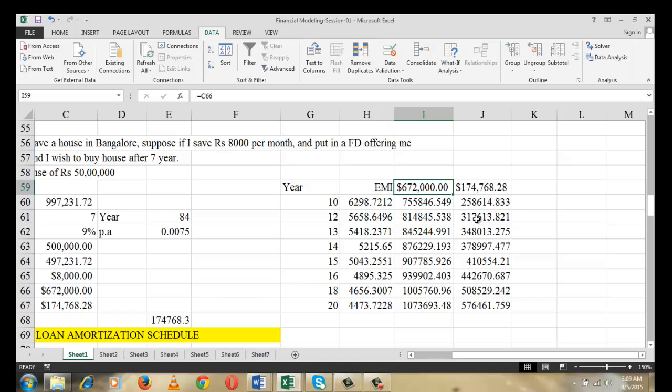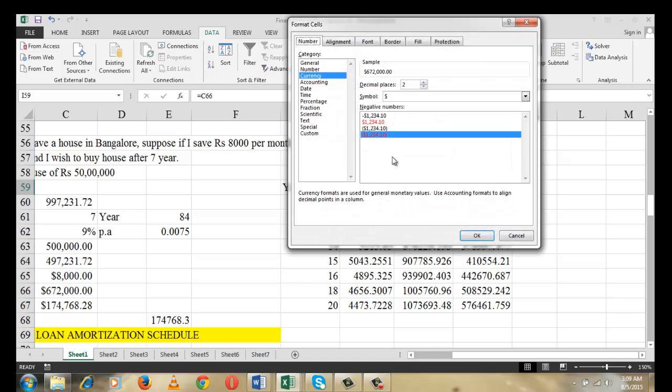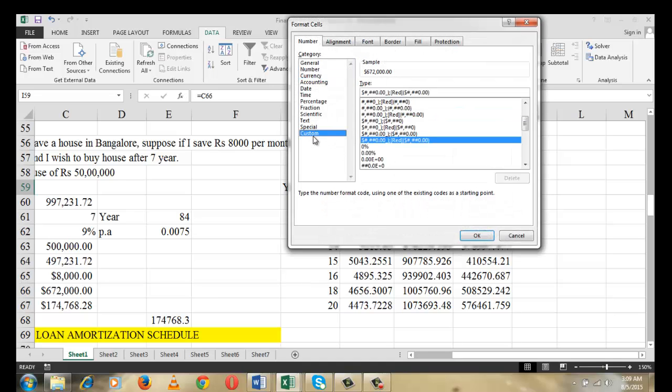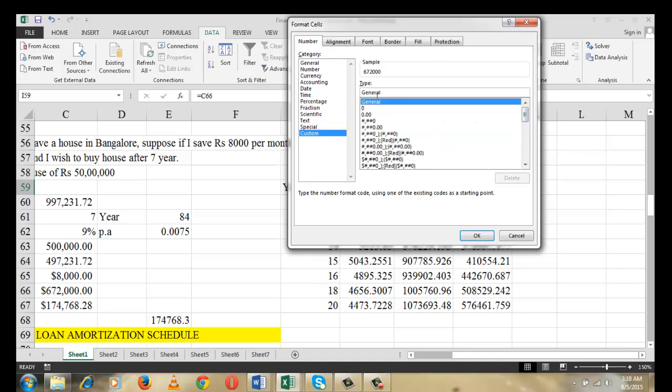Then this is the total payable. Control 1, Custom, click on General, write total payable with double quotes.